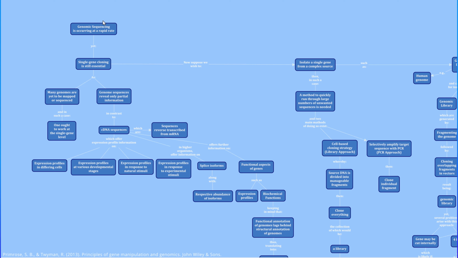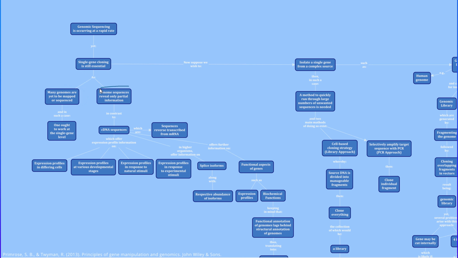So before I delve into gene cloning strategies, let me discuss genomic sequencing a bit. Genomic sequencing is occurring at a rapid rate. However, single gene cloning is still essential because many genomes are yet to be mapped or sequenced, so you still need single gene cloning.